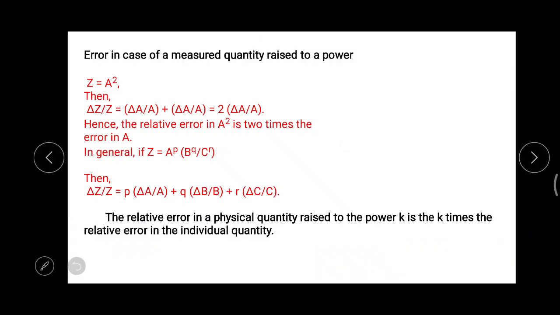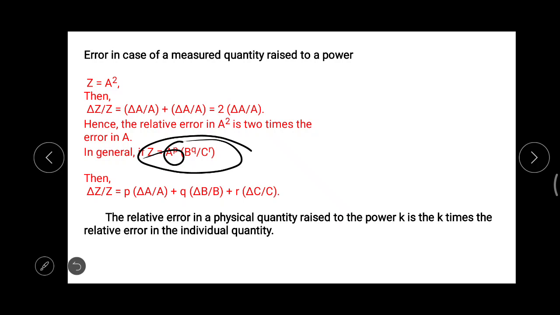Now let us come to another example in general. Suppose z is equal to a raised to p into b raised to q divided by c raised to r. Here the power is there and the multiplication is also considered. As per the power, delta z by z for a raised to p will be p into delta a by a. In the case of multiplication or division, the resultant relative error is the sum of the relative errors of the individual quantities.